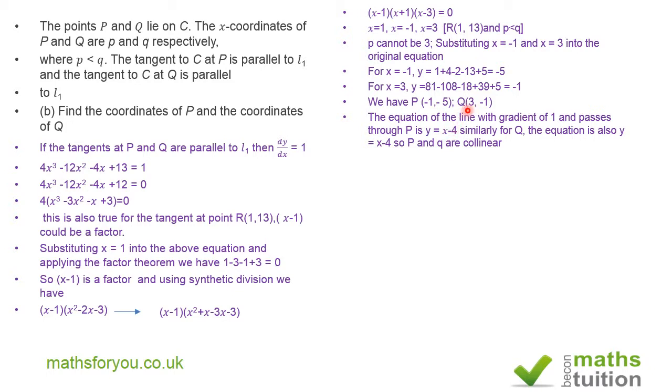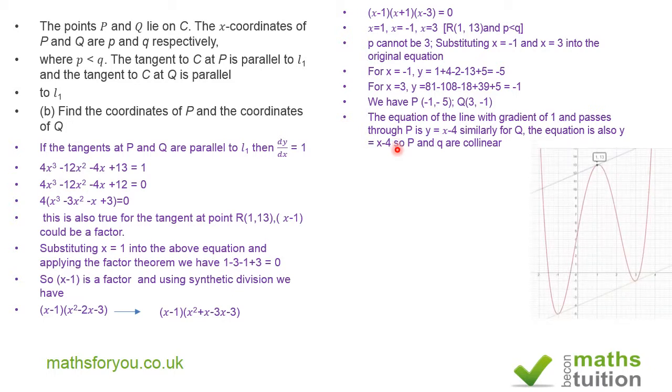Similarly, if the gradient of the tangent at Q is 1, and we know the coordinates of Q as 3 and minus 1, we can also find the equation of the tangent at Q, and that turns out to be y is equal to x minus 4. So the tangents at P and Q have the same equation and the same gradient, so they must be collinear.